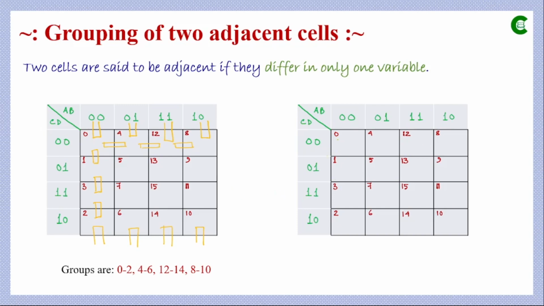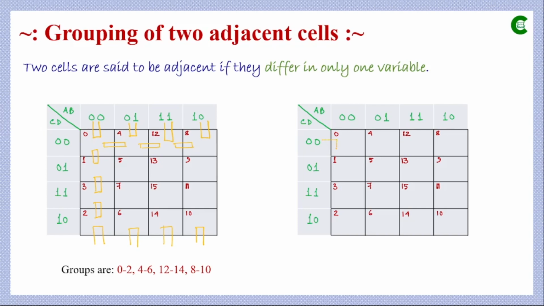So here if we look at cell number 0 and cell number 8, then for cell number 0 the value of AB is 00 and the value of CD is 00, and for cell number 8 the value of CD is 00, that means same values, and the value of AB is 10, that means the value of B remains the same, only the value of A changes from 0 to 1. So between cell number 0 and cell number 8, among 4 variables, only variable A changes value.